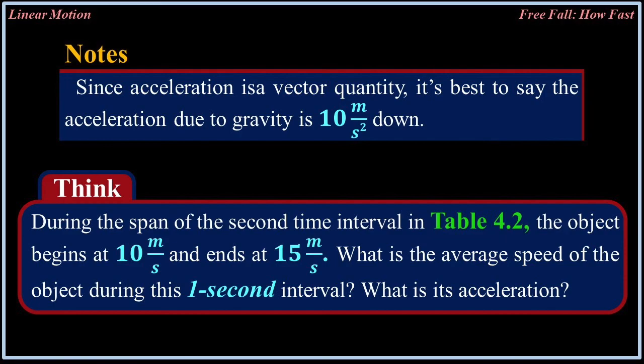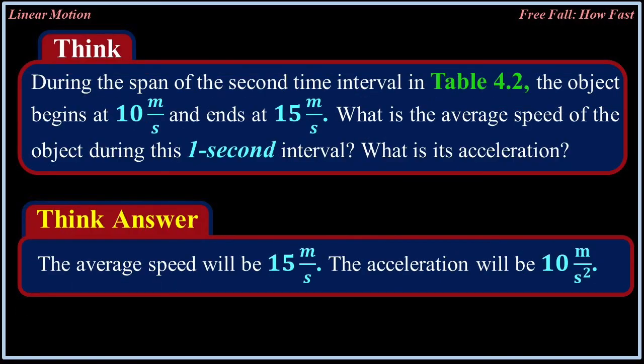What is the average speed of the object during this 1 second interval? What is its acceleration? The average speed will be 15 meters per second. The acceleration will be 10 meters per second squared.